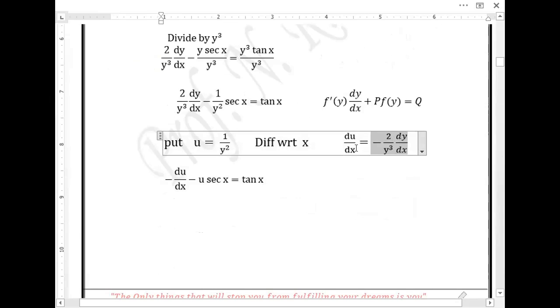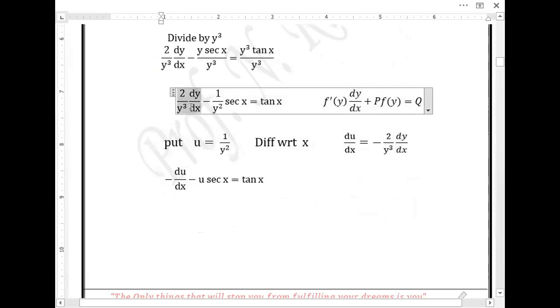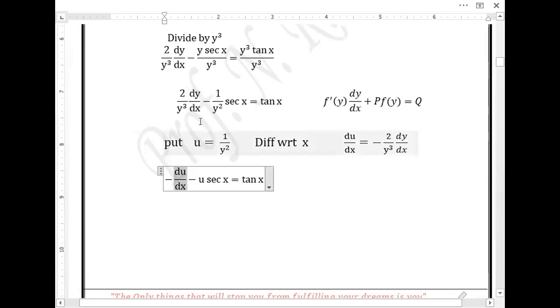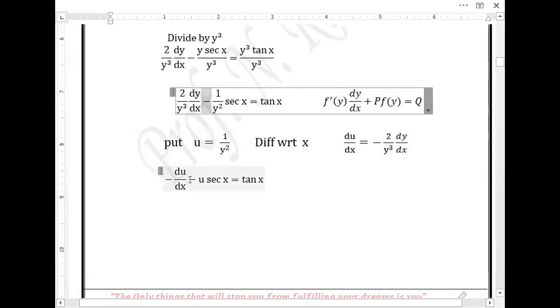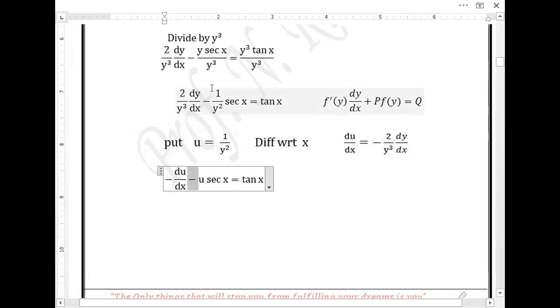So 2 upon y cube dy by dx is replaced with du by dx, and the minus sign remains as it is. The value for u is 1 upon y square, so minus 1 upon y square sec x is equal to tan x.